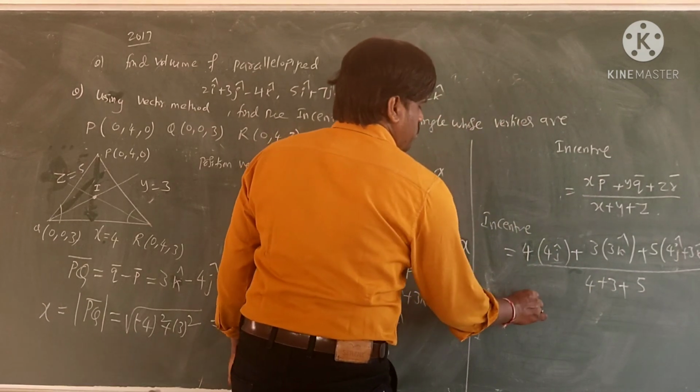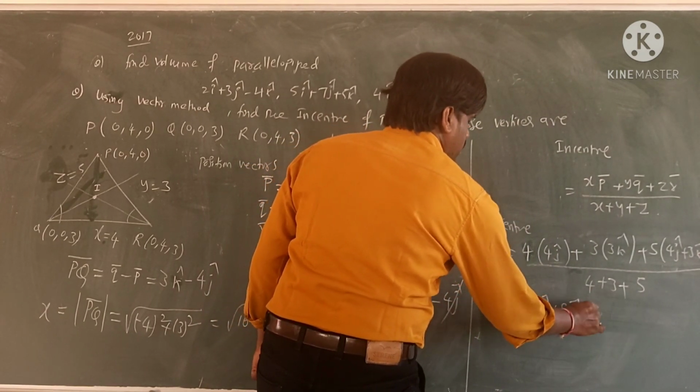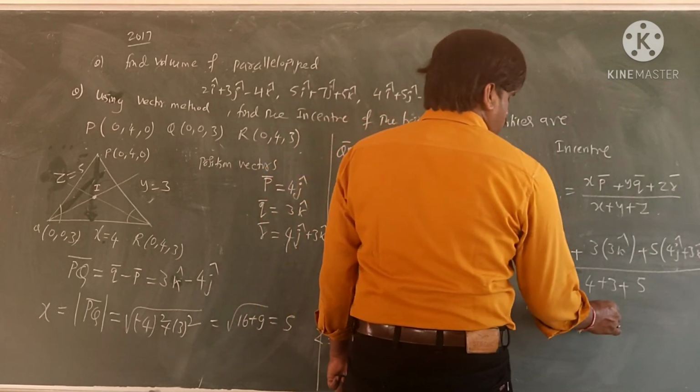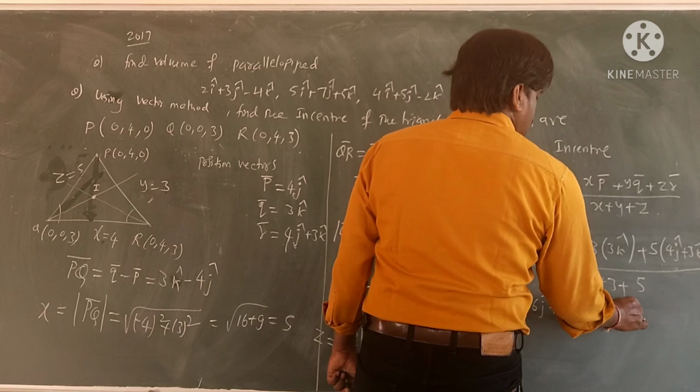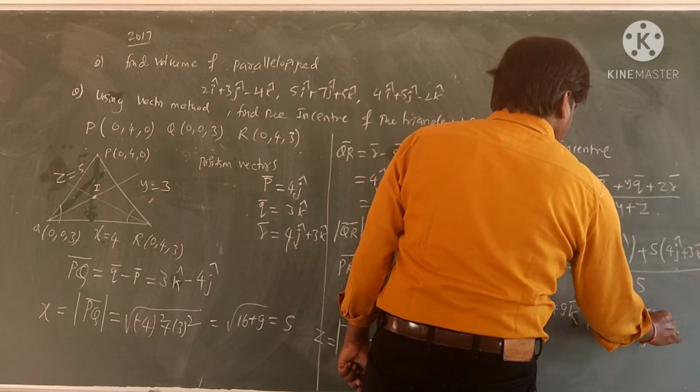So you get 4 fours are 16j plus 3 threes are 9k plus 9k, plus 4 fives are 20j plus 5 threes are 15k.